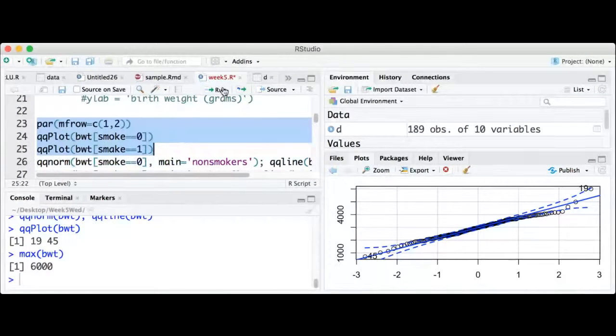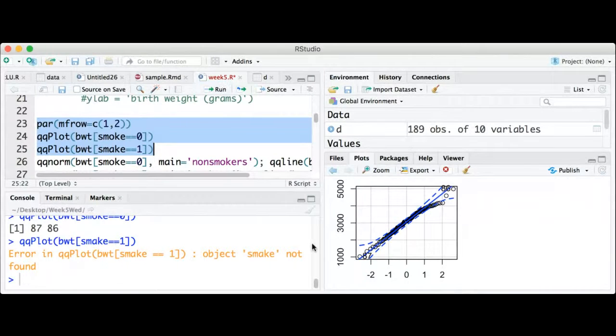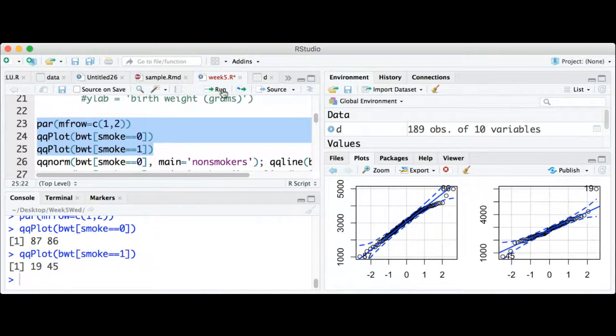See how that looks. Yeah, you can see what I did wrong there. Okay, that's good.